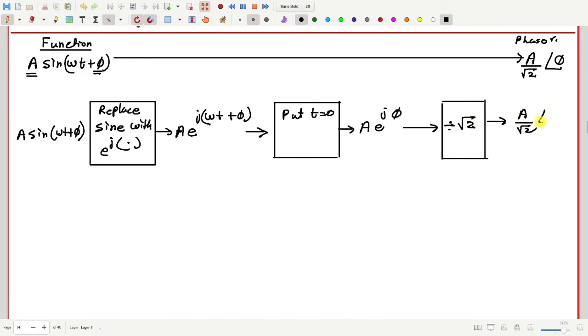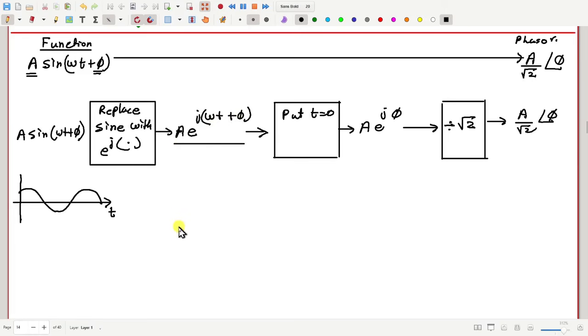Now let us again look at the functional form. A sine omega t plus phi, what does it represent? It represents a function which varies sinusoidally with time, starting from the angle phi. But what does this function A e to the power j omega t plus phi represent?